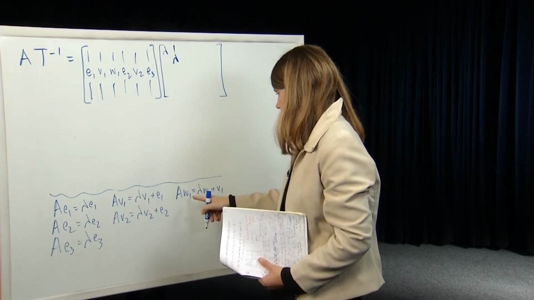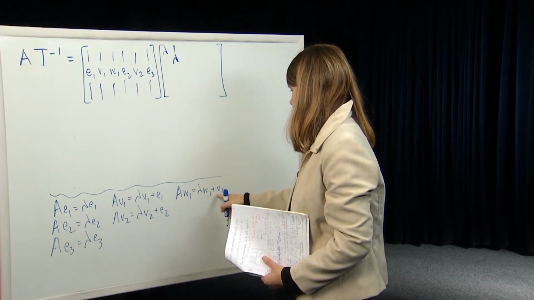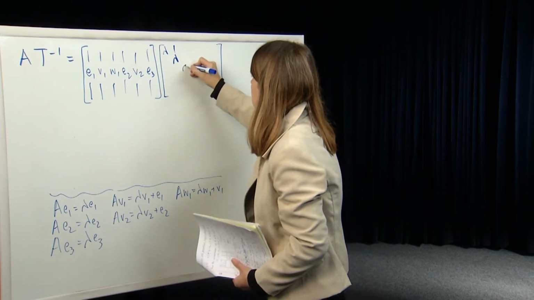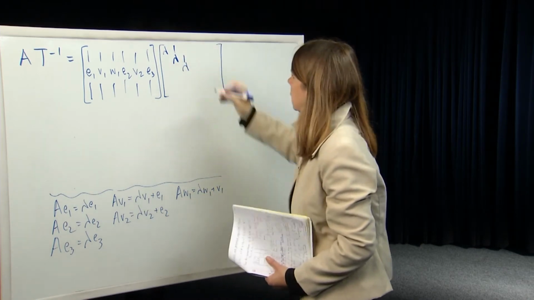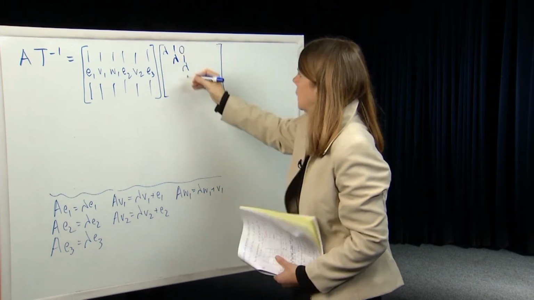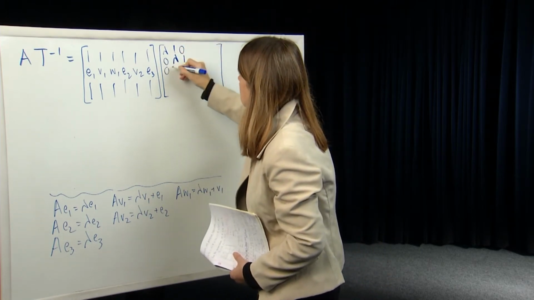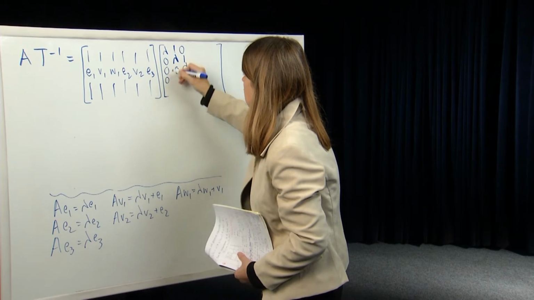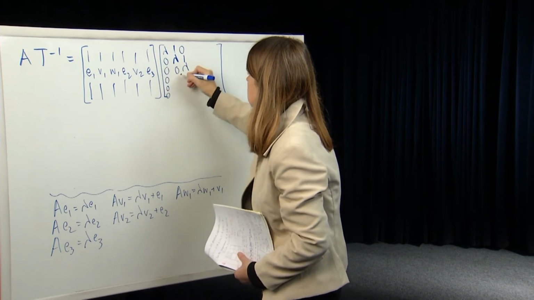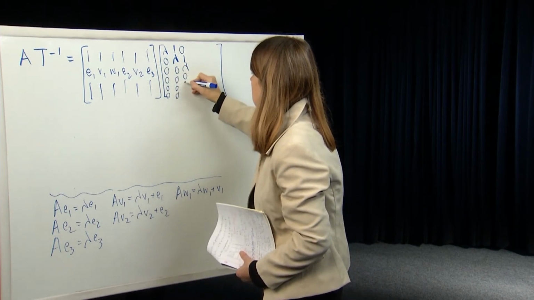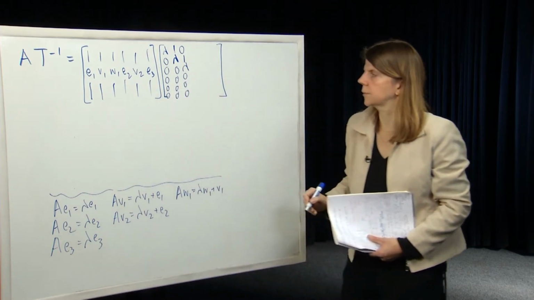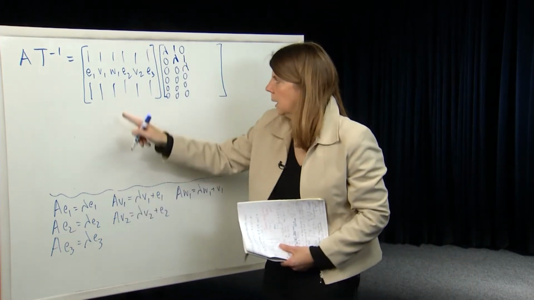And then what do we have? A W1 equals lambda W1 plus V1. So a lambda on the diagonal and then a 1 above it. And then this up here is a 0, and everything else here is zeros. That's the first 3 columns, and now we go to the second row.